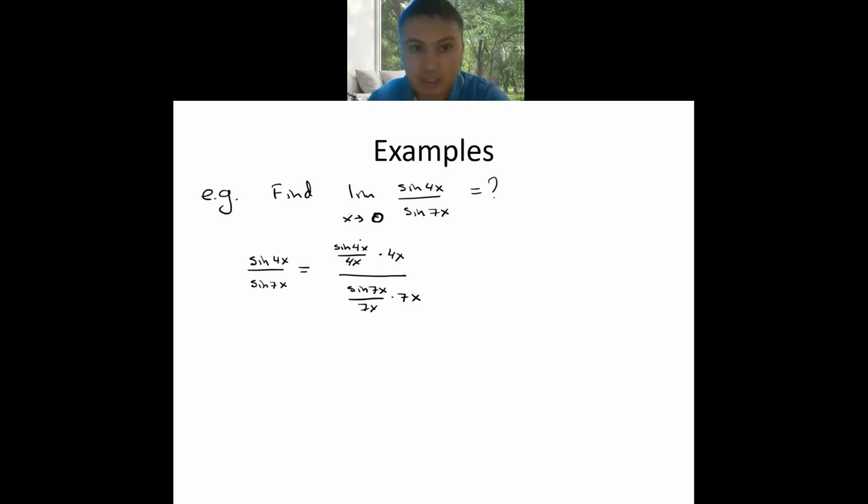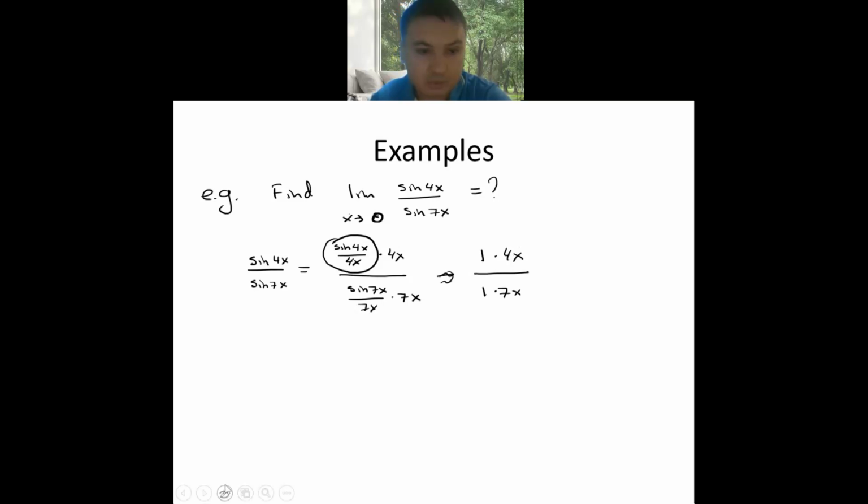But now this goes to, where does it go? It goes to 1 because x goes to 0. Then 4x also goes to 0, right? So it's close to 1, and here it's also close to 1. Here it's 7x, but x is cancelled.